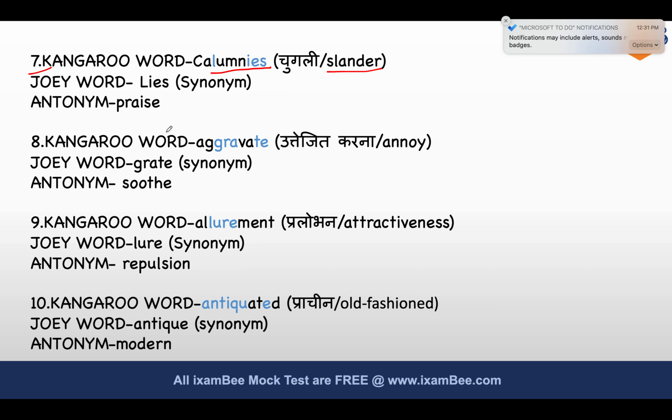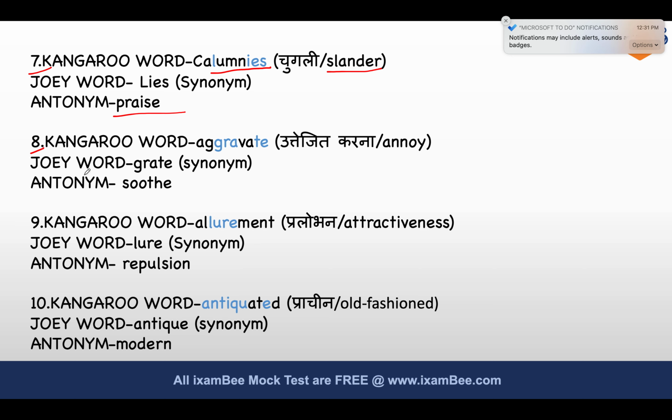Now, if we are talking about spreading lies about someone, then what would the opposite be? Maybe praising that person instead of spreading lies about that person, commending that person, appreciating that person. So the accurate word would be to praise. Okay? Number 8.